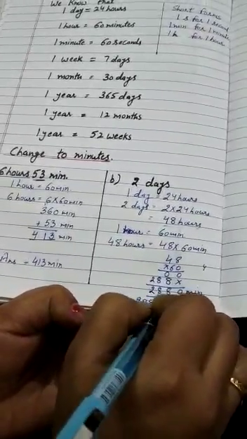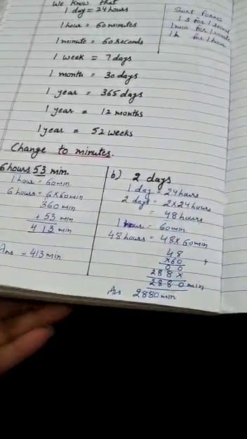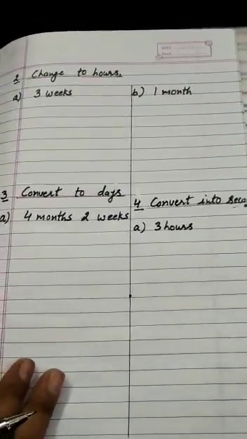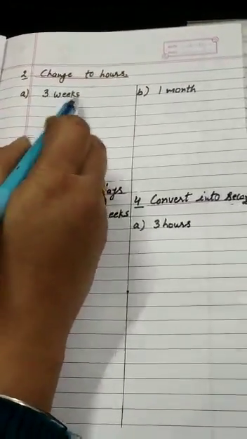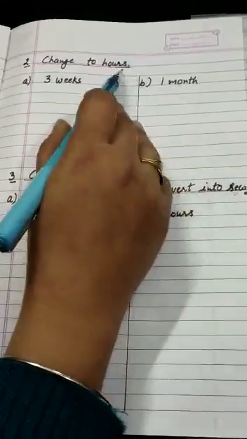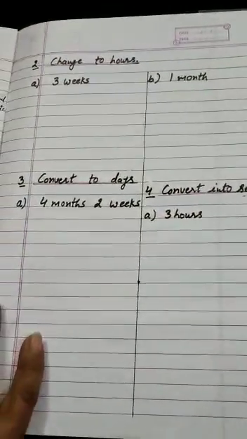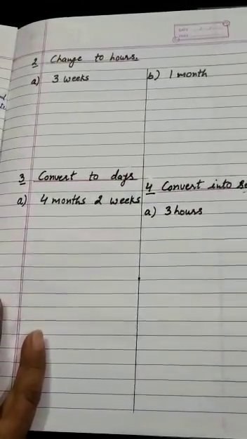Okay. Now see the next question. Here you have to convert 3 weeks into hours, and 1 month is equal to how many hours. Now how to do this sum?